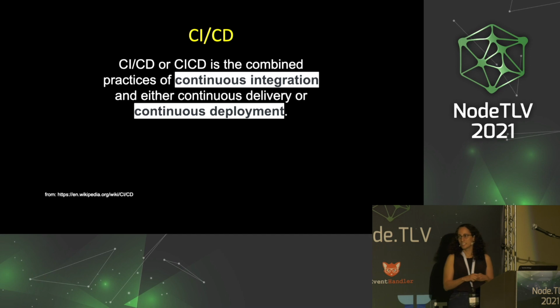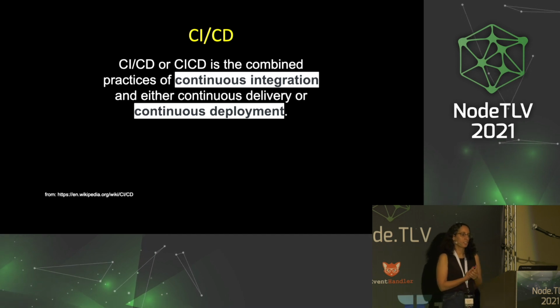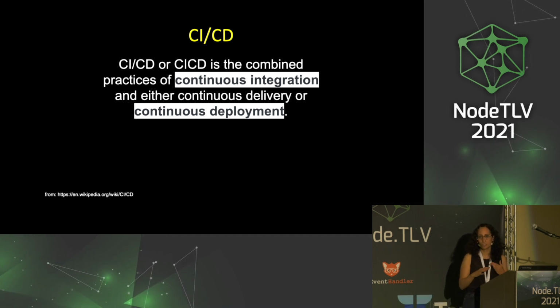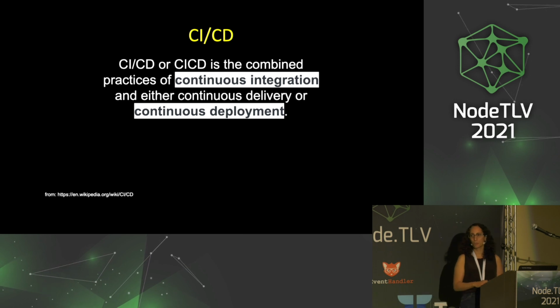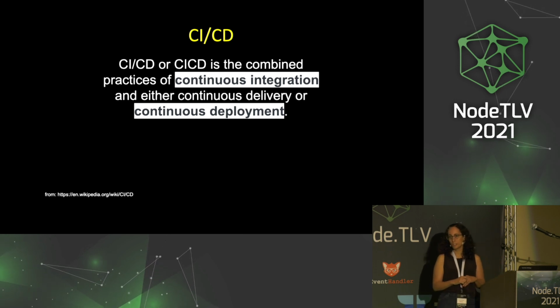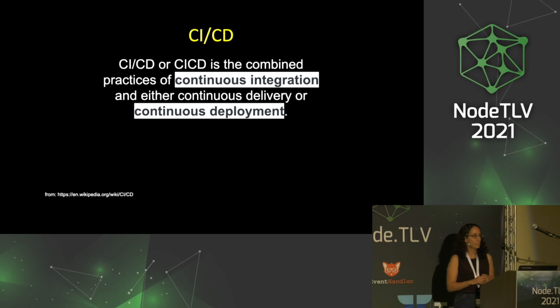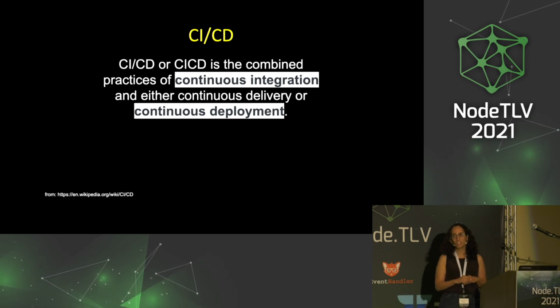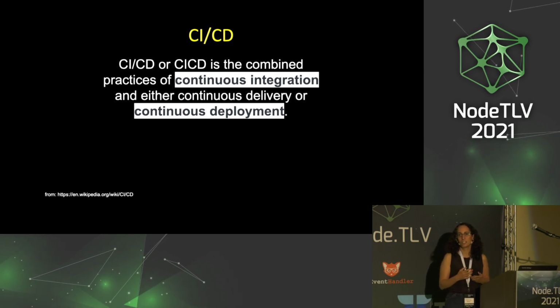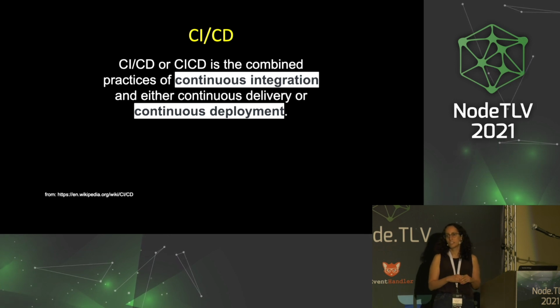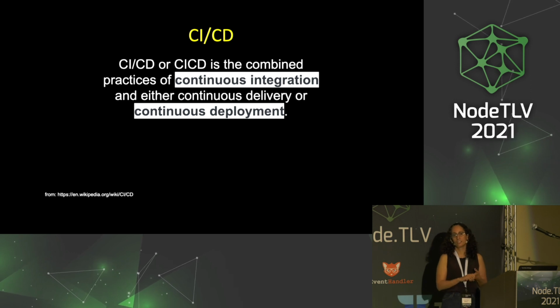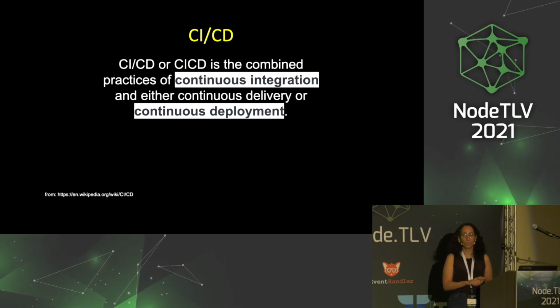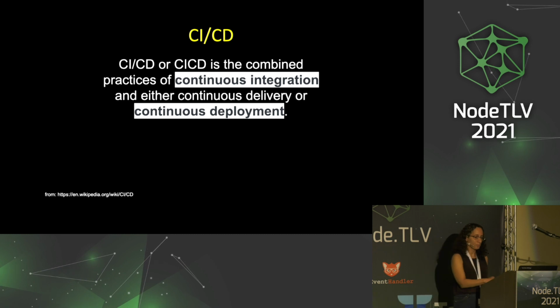So what CI/CD is, I know many of you are probably already working with that, but let me just align on the concept. So CI/CD is the practice where developers merge their code into a shared repository very, very often, a few times a day. And every such commit triggers a build, a pipeline that builds the code, tests it, deploys it, and sometimes if there is a problem, even rolls back.